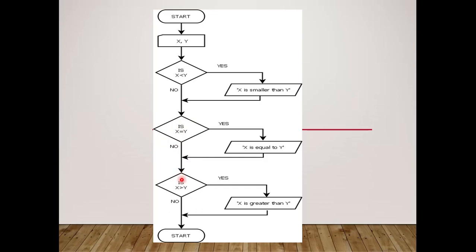Actually, this last condition is not required, because since x is smaller than y, if this is not true, x is equal to y, if this is not true, then x is greater than y would be the only option. So still we have checked this condition whether x is greater than y. In that case, if this is found to be yes, then we will have the output box x is greater than y.